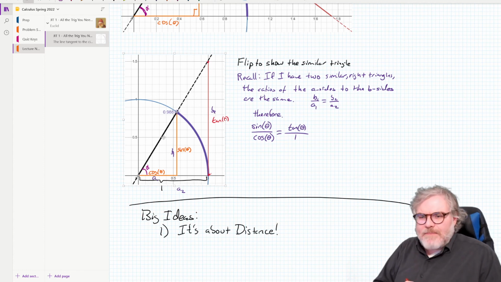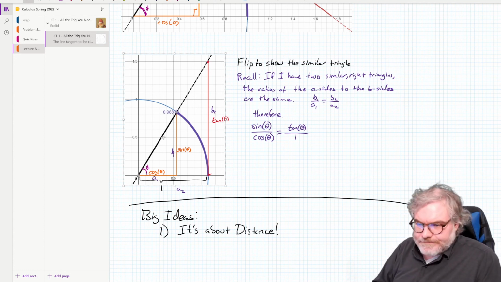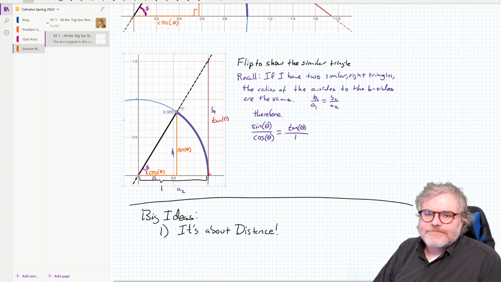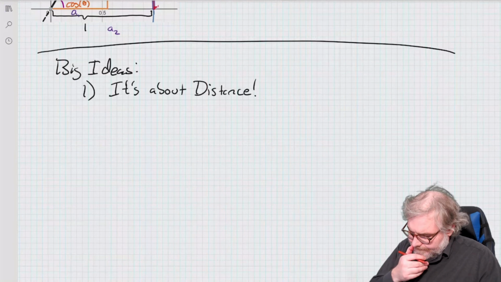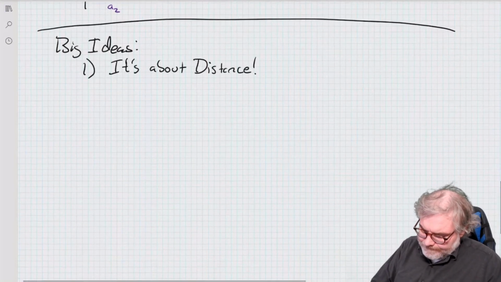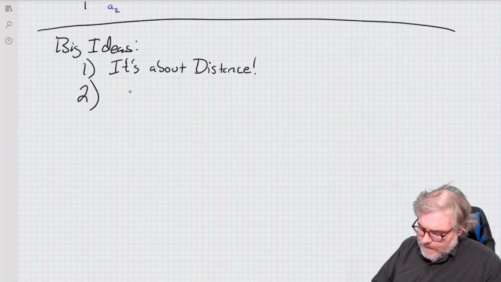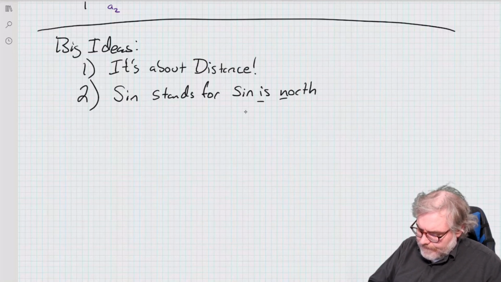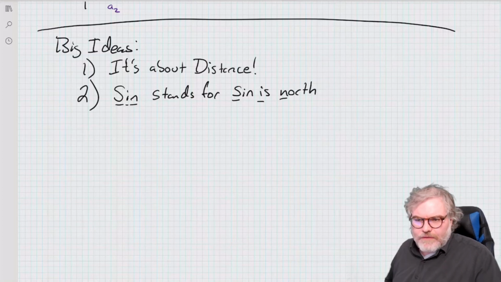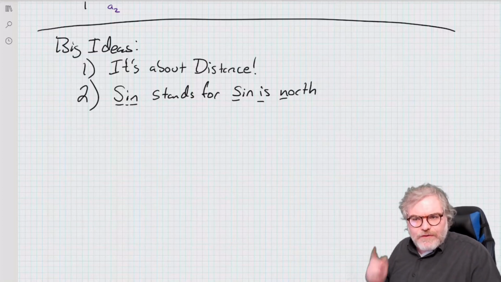Okay, so what were the big ideas? There's the first one. It's about distance. Two, SIN stands for sine is north. Right? So remember that sine is the northiness.